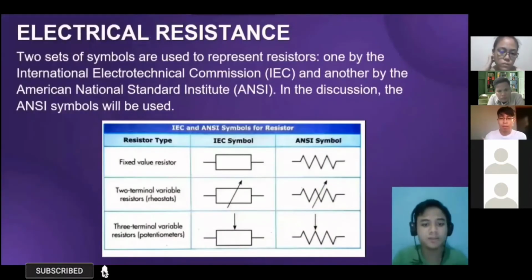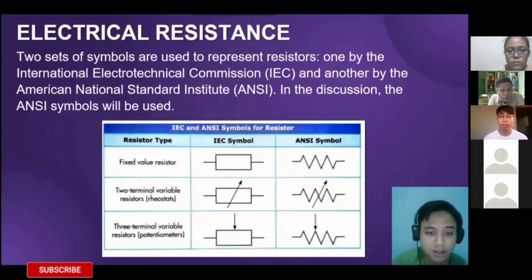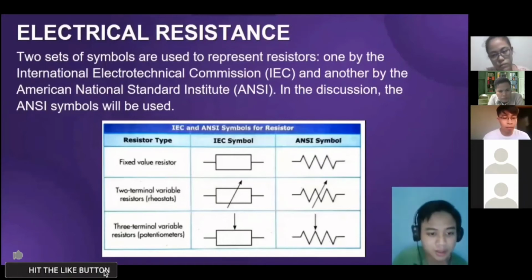There are two sets of symbols that can be used to represent resistors. One is the International Electrotechnical Commission or IEC, and the other one is the American National Standards Institute or ANSI. There are different approaches to these standards.